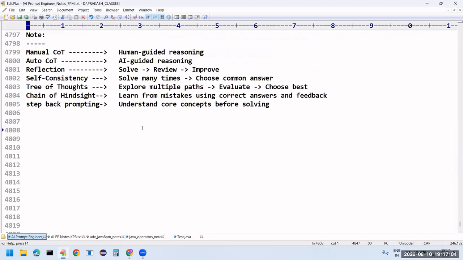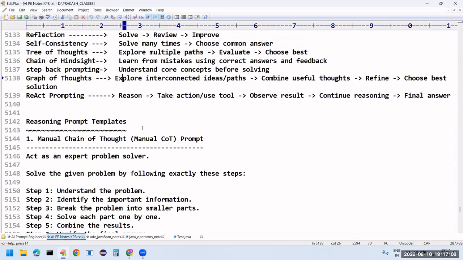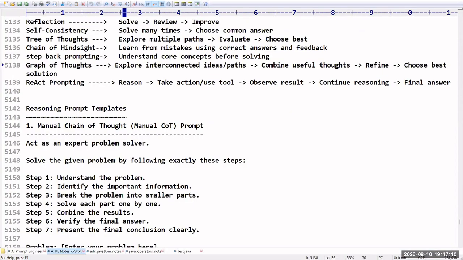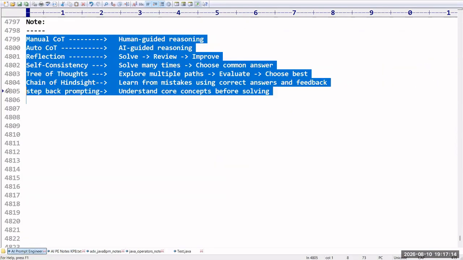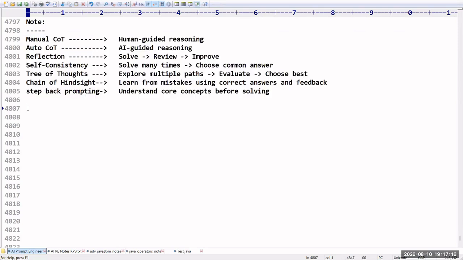In the last sessions, we had a very clear discussion about reasoning prompts. So what are the reasoning prompts that we covered? Manual COT, auto COT, reflection prompting, self-consistency prompting, tree of thoughts, chain of mindset, then step back prompting.